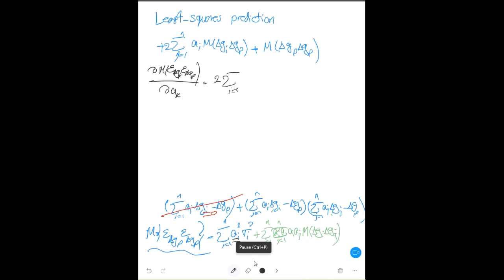The derivative with respect to a_k, plus the variance.